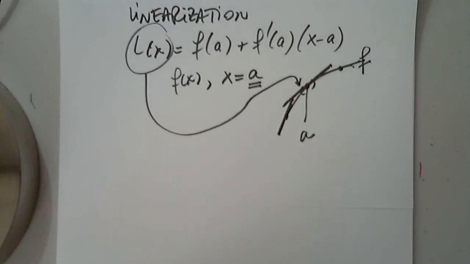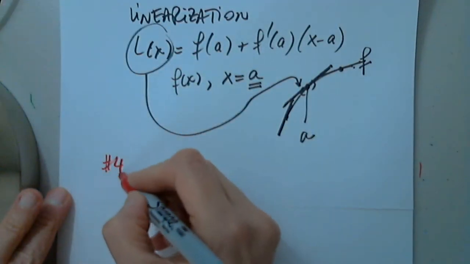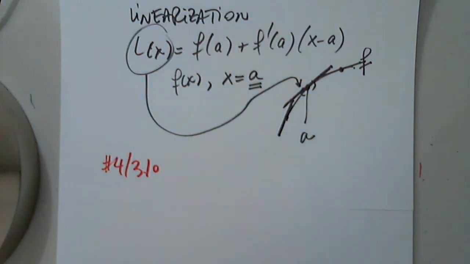Can we do number 4 in 3.10 on the homework? Yes, very good. I'm sorry, it's actually number 6. Number 6 in the homework in 3.10. Are you sure?